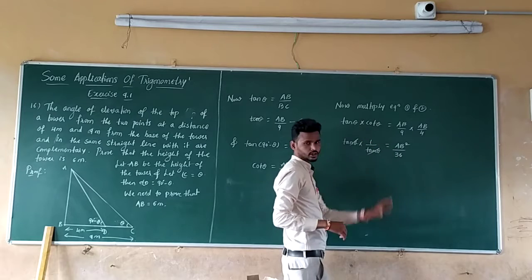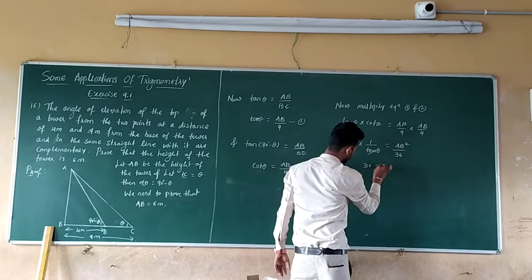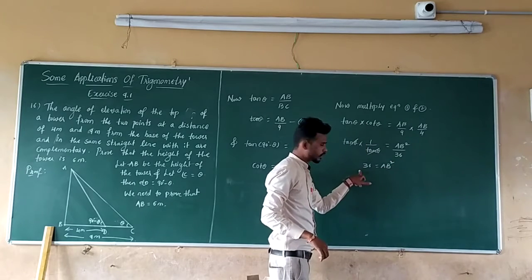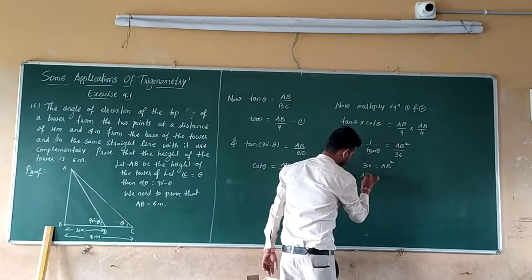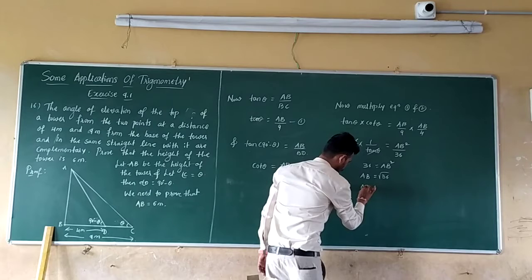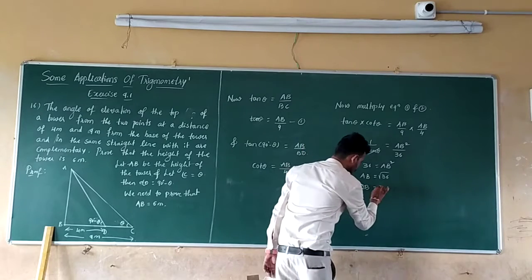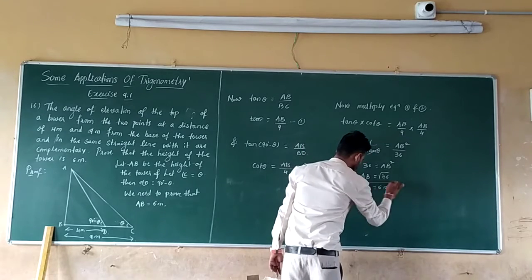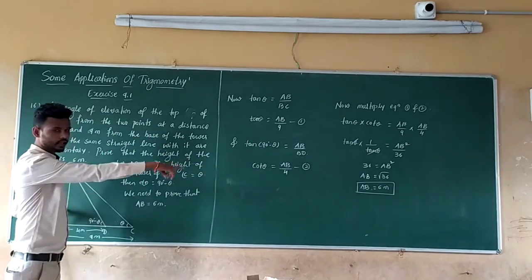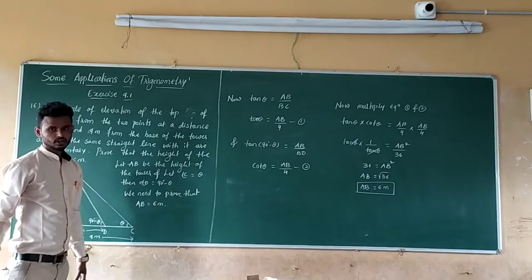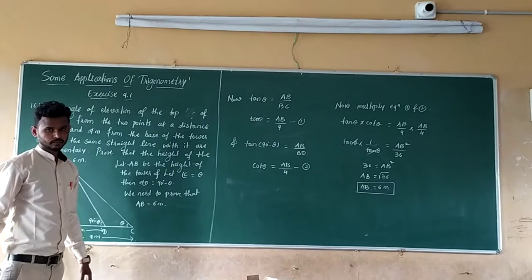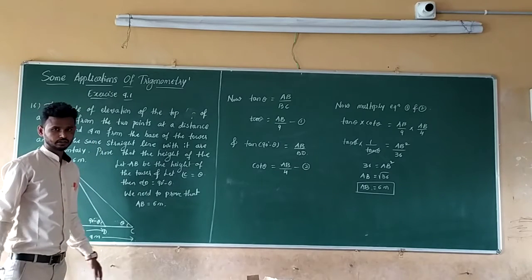Bring 36 to the LHS: 36 equals AB squared. Taking the square root, AB equals square root of 36, which is 6 meters. Hence the height of the tower AB is 6 meters. This is the proof of the 16th question, the last question of this chapter.